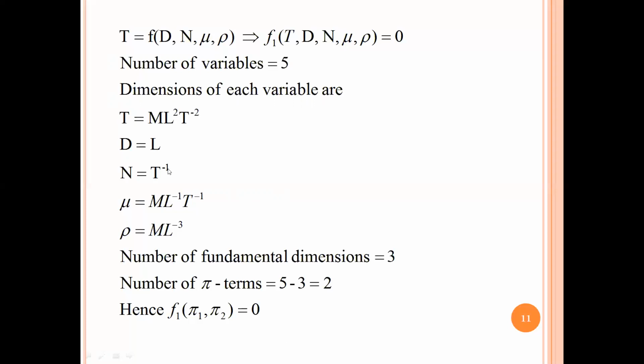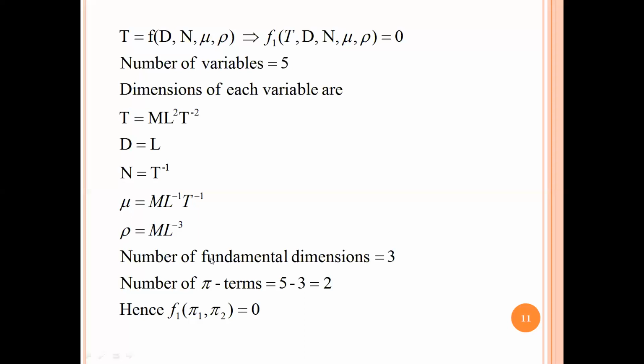It is an RPM, rotations per minute, so it is per second. Mu, M L to the power minus 1 T to the power minus 1. Your rho is your density, so mass per volume, so M L to the power minus 3. It is important that you know the dimensions. If you don't know the dimensions, I repeat, from your units, you can calculate your dimensions.